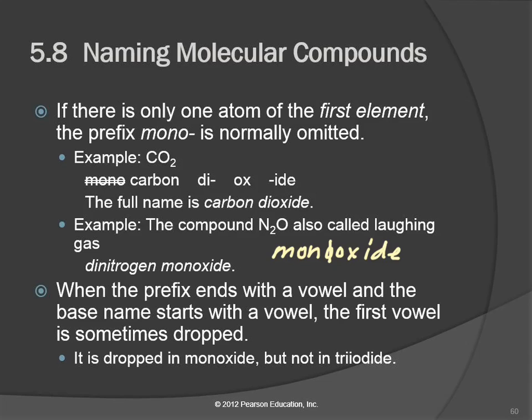So I'm not going to mark your papers wrong if you don't drop it or you do. I just want to tell you about it so that you'll understand why sometimes those vowels go missing. So we drop it in monoxide, but we don't drop it in triiodide. And I don't really have a great explanation for you, just because.